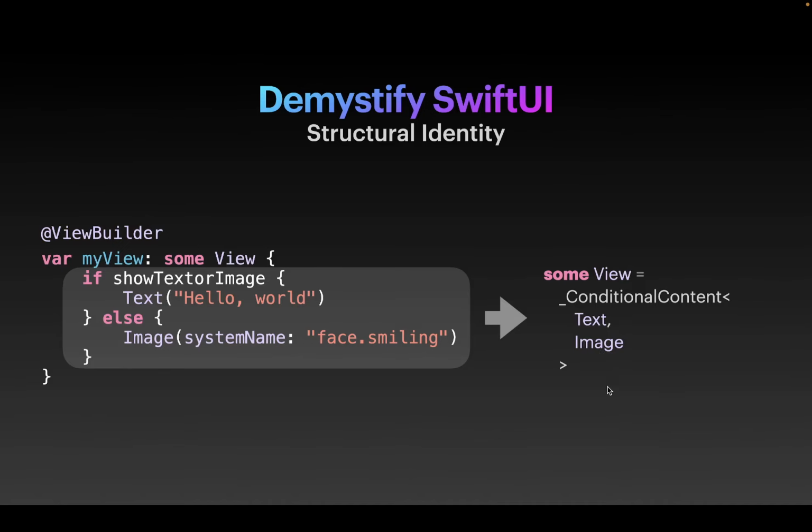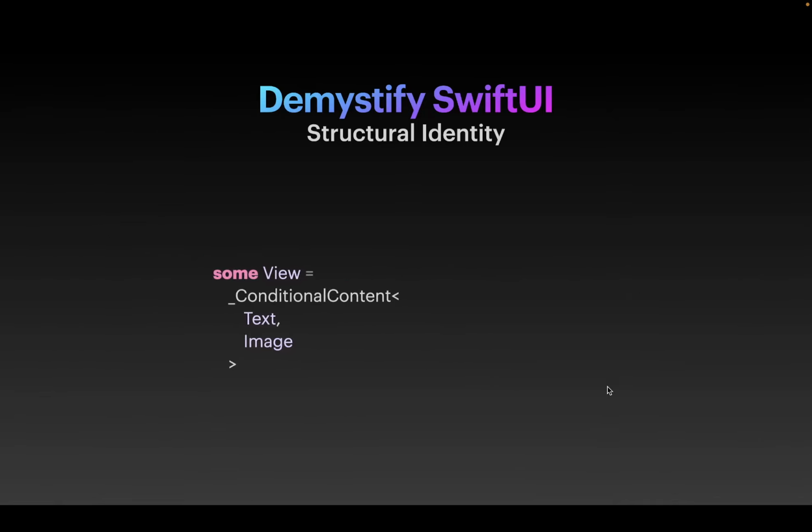Now let's think about how SwiftUI actually sees different identities for different views in this case. As I mentioned before, the some View is going to be replaced by another data structure called ConditionalContent.